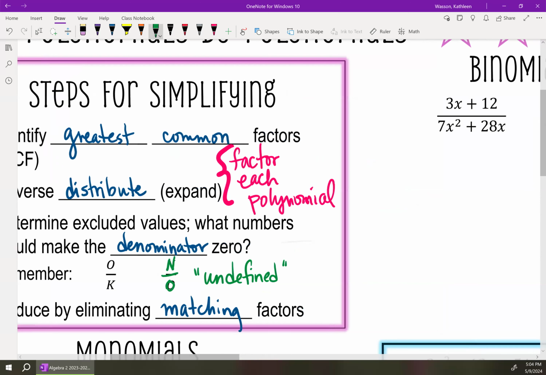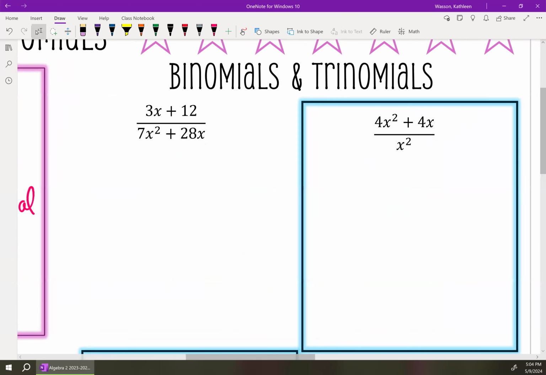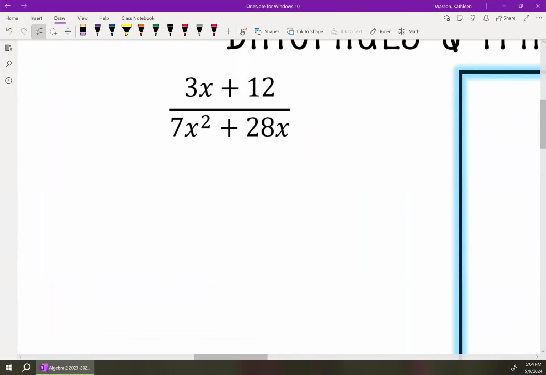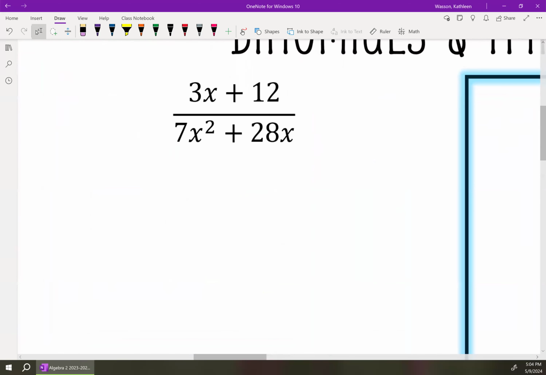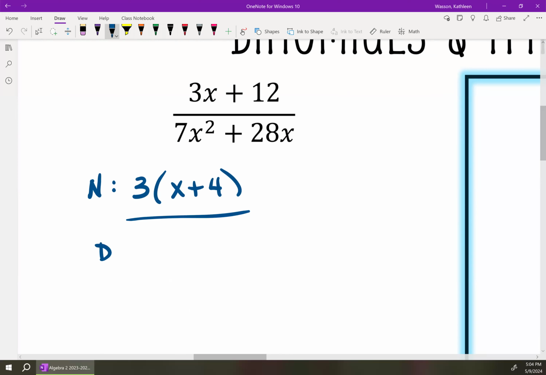Once you have your binomials and trinomials factored, that makes this a really quick process. So what we'll do is we'll write the numerator factored, and that's 3 times x plus 4. And then the denominator factored is 7x times x plus 4.